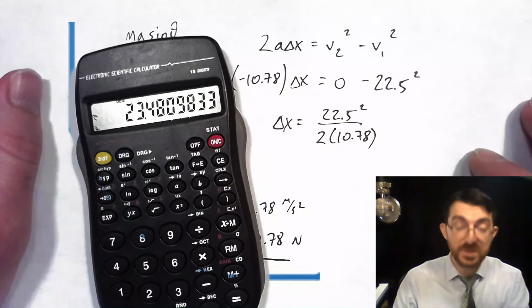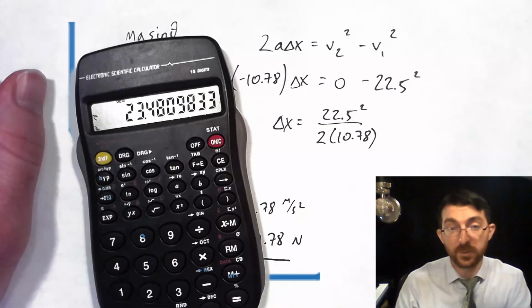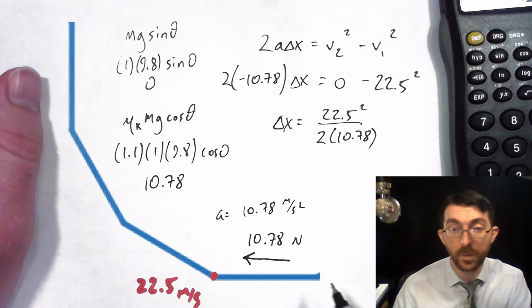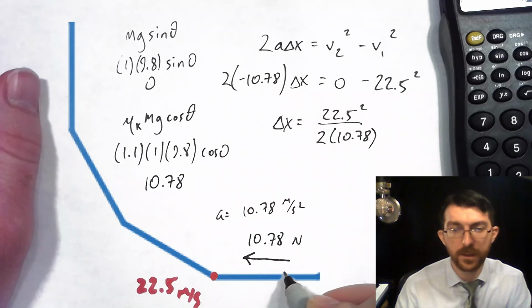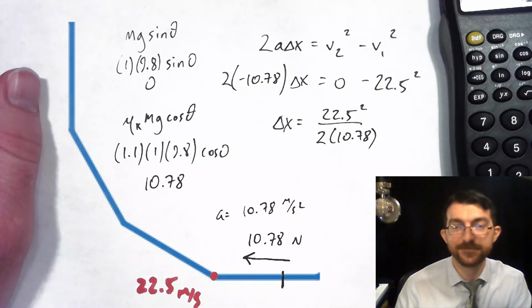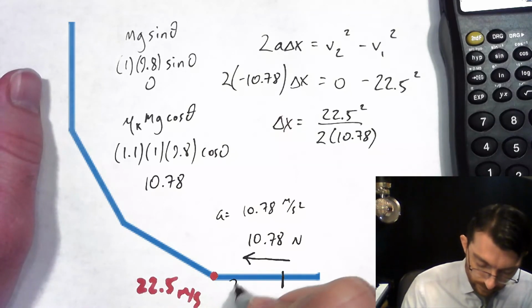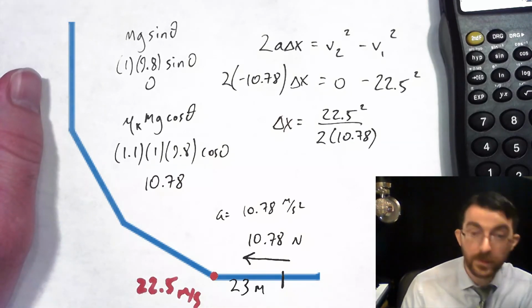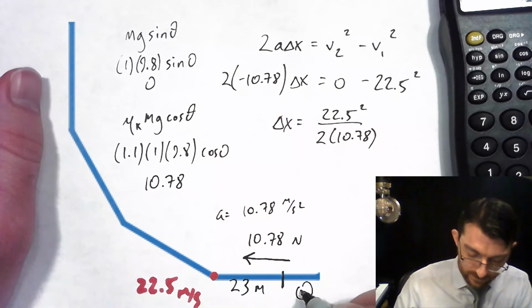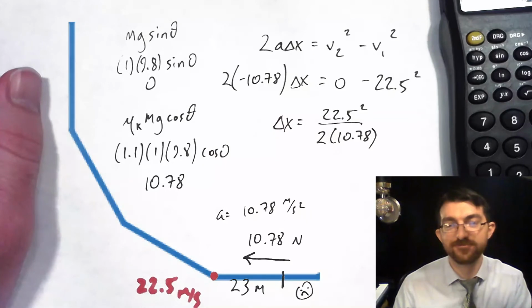Although, to 2 significant digits, really I only get 23. So, even though this whole segment is 30 long, it only makes it about, just eyeballing it here, about that far. It only makes it 23 meters, and it never makes it over there.